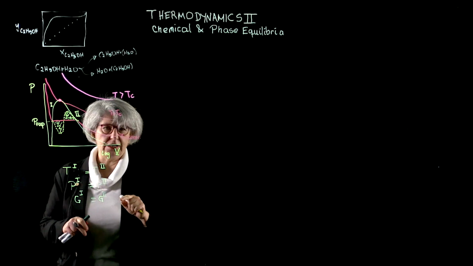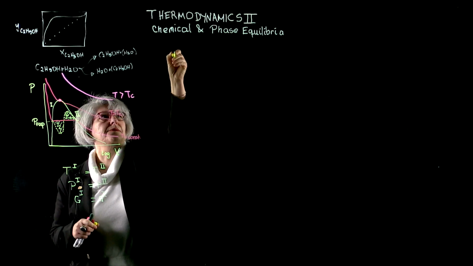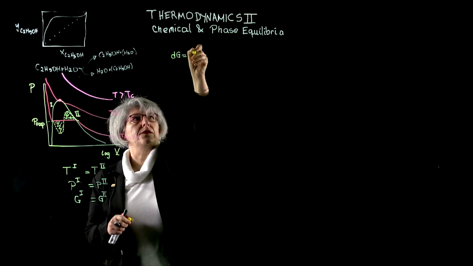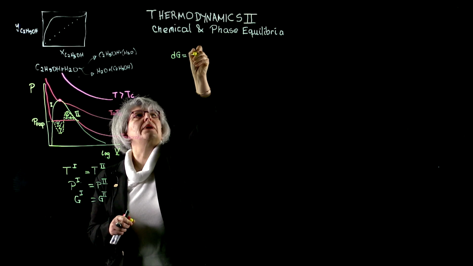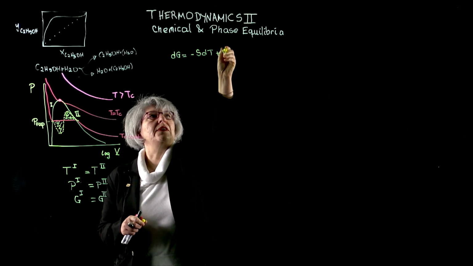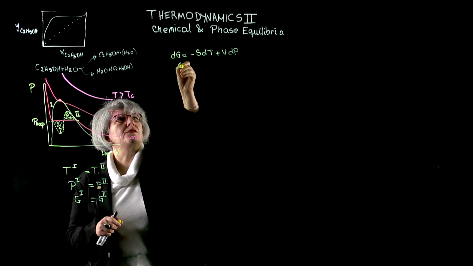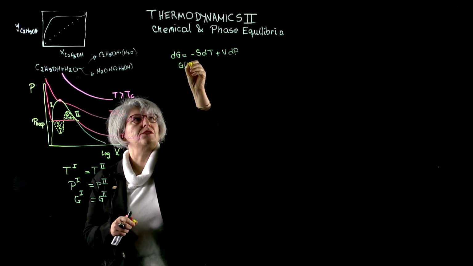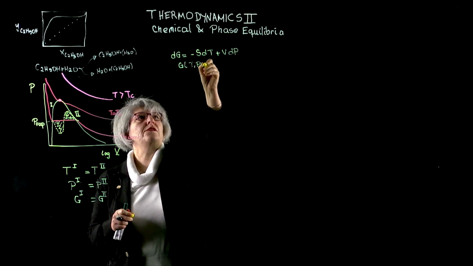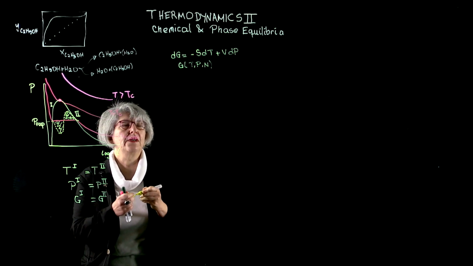Now the Gibbs free energy, as we learned already, is for a closed system minus S dT plus V dP, or Gibbs free energy is a function of temperature and pressure. And if it is an open system, it is also a function of the number of moles of the species in each phase.